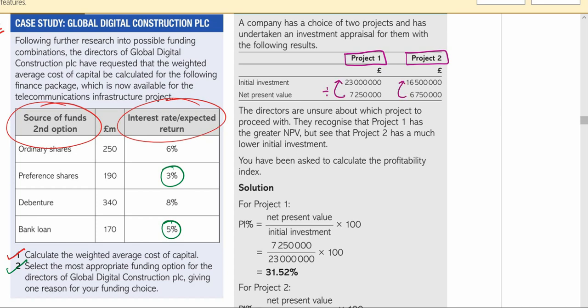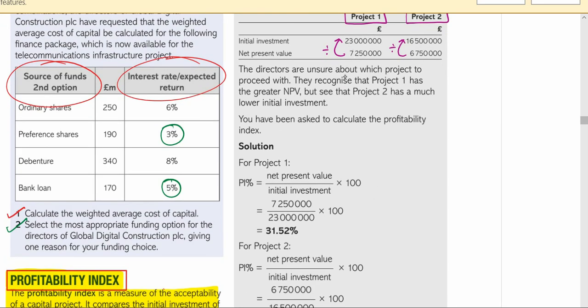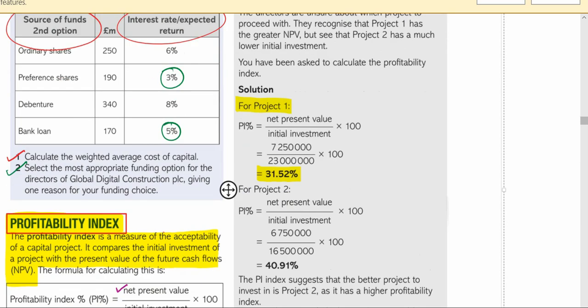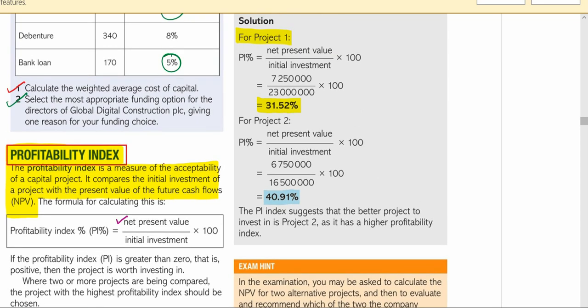So 7250 divided by 23 million, times 100, so the profitability index is 31.52% for project 1. And for project 2, 6750 divided by 16.5 million, so the profitability index is 40.91%.